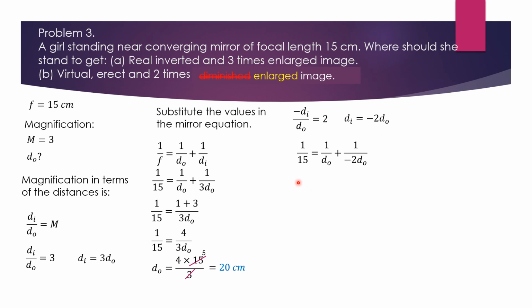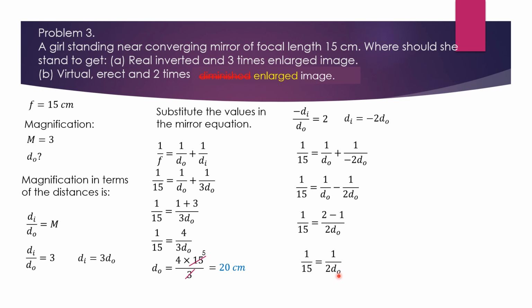Now again, putting these values into the mirror equation, 1 over 15 is equal to 1 over do plus 1 over negative 2 do. Now writing this negative into this here, changing this plus sign, 1 over 15 is equal to 1 over do minus 1 over 2 do. Taking the 2 do as LCM, 2 minus 1, this makes it 1 over 15 is equal to 1 over 2 do.